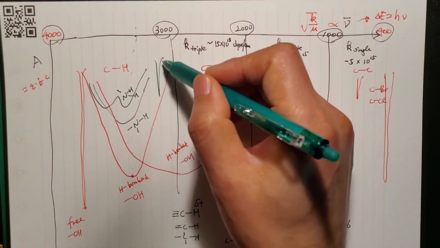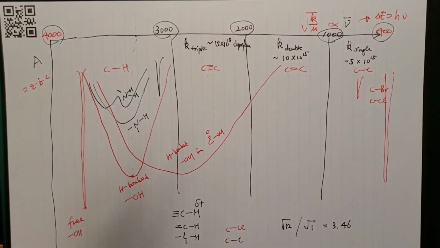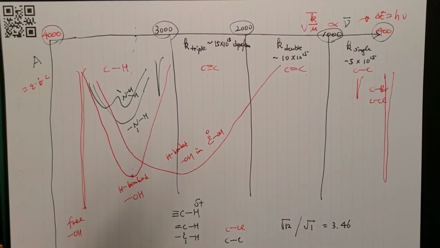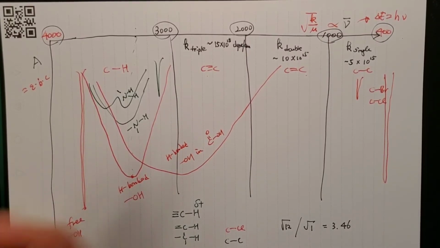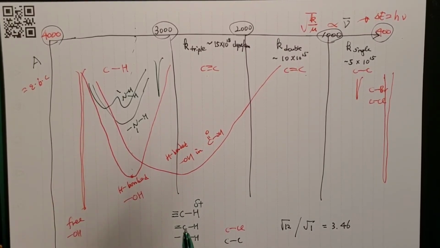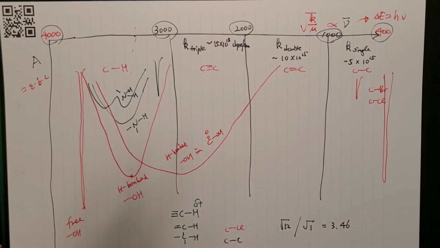But the sp2 carbon could have a CH2 on it, or even one more hydrogen on the other end of the carbon of the double bond. You could even have three. So you expect more than one sp2 carbon having hydrogen.